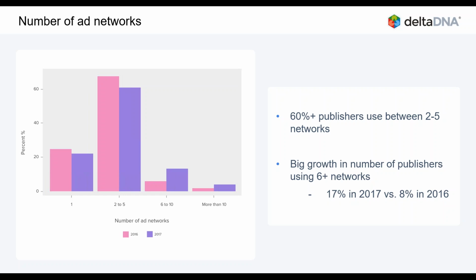It's still the minority, but you can see the trend is growing for games to use more and more ad networks to try to fill in more diverse places and make sure they're getting quality ads for the users, no matter what platform or region they're in. And I think this is where we start to see the ad mediation business going: it's clear that if you want to satisfy all users and have a good experience and show high quality ads, you need to go out and get ads from a diverse range of places.